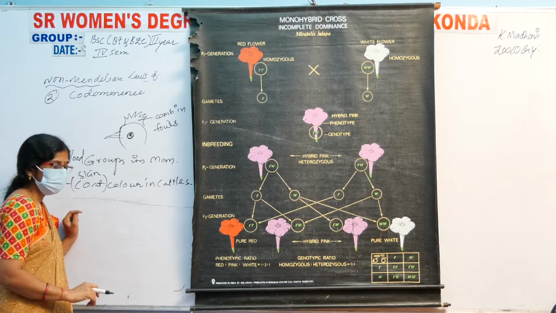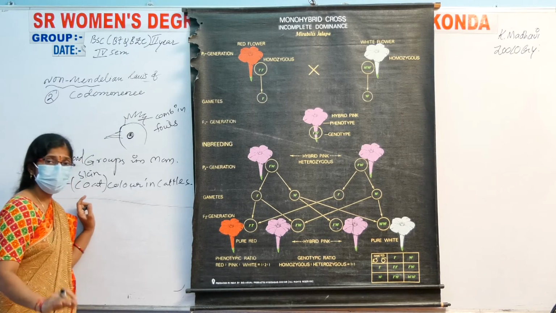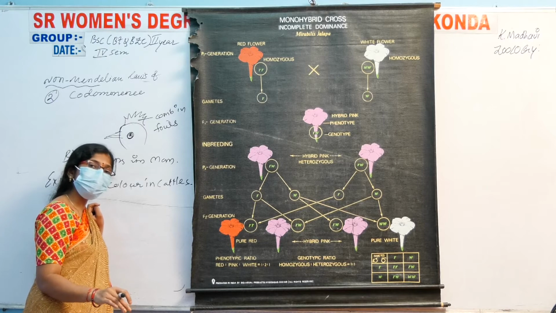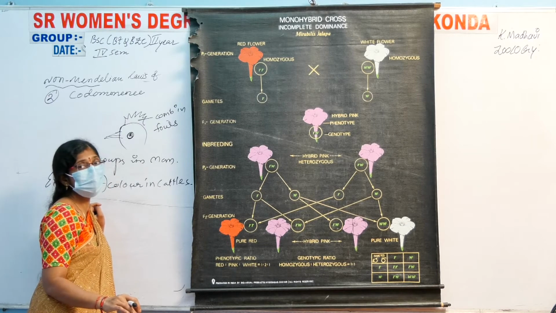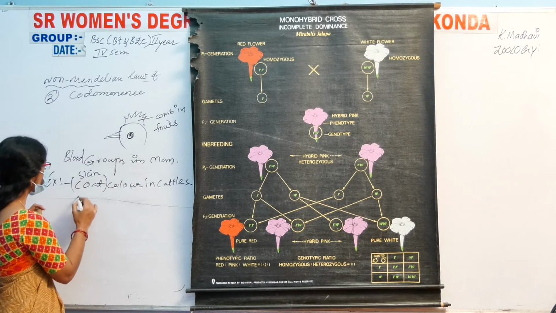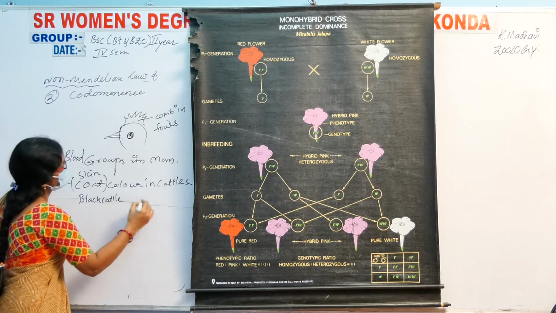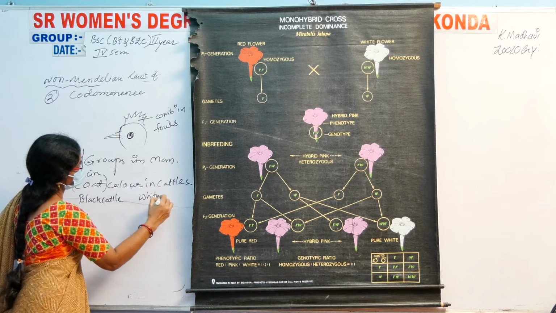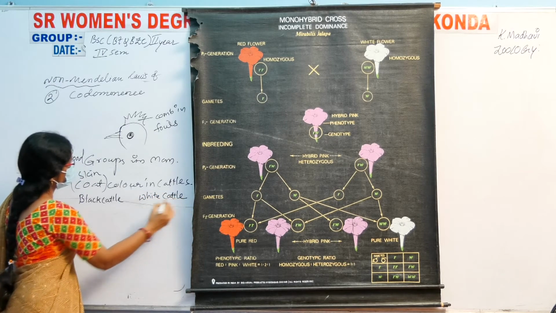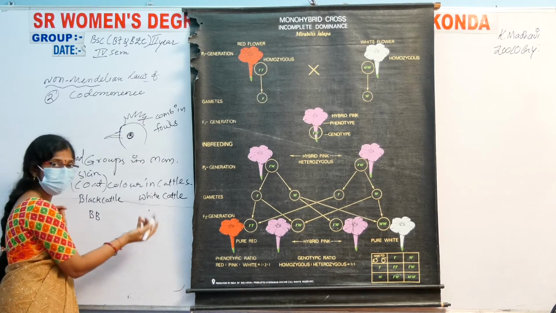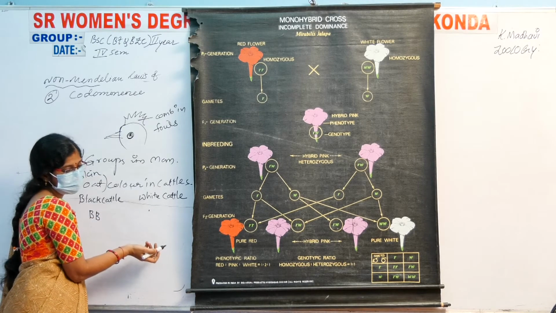In this session, the parents both have the homozygous condition. One is a black cattle and another one is a white cattle. We indicate black with capital B and white with small b.